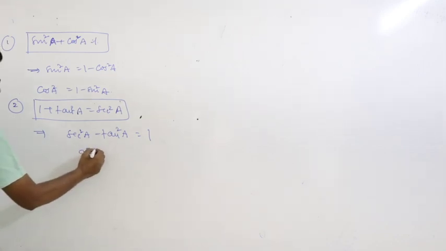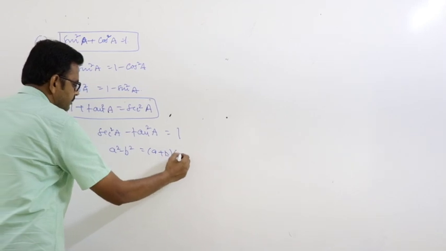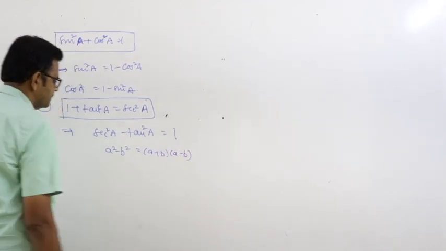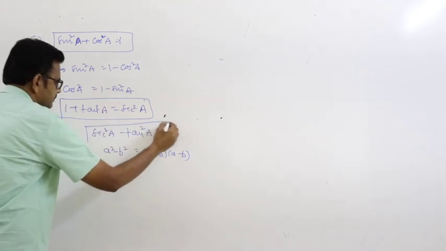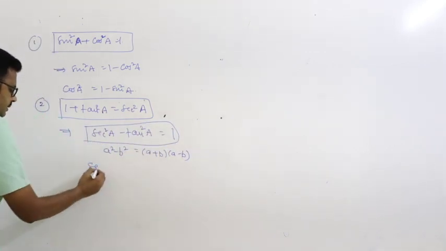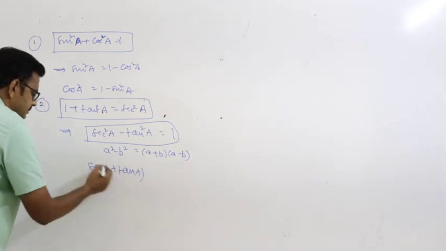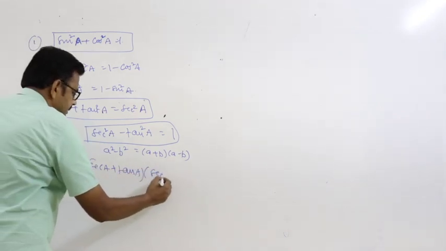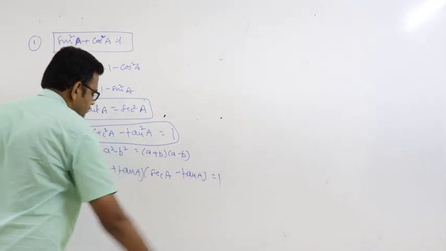Again this is a square minus b square form, a plus b into a minus b. Now this is secant A plus tan A into secant A minus tan A is equal to 1.